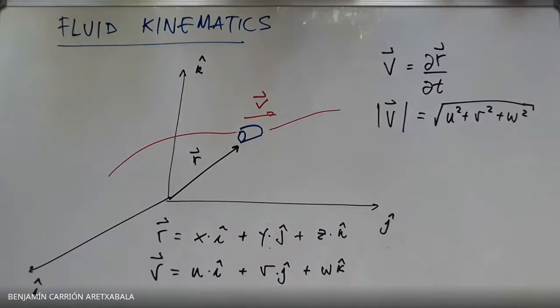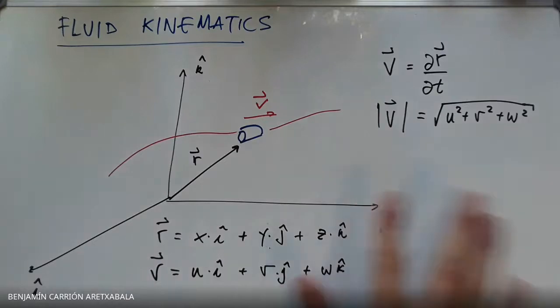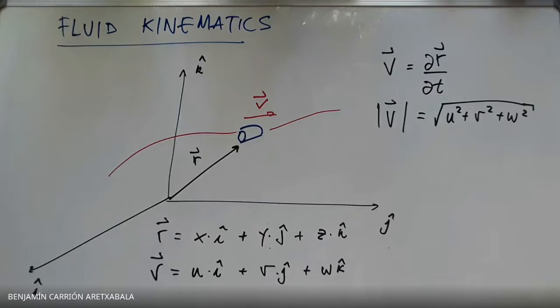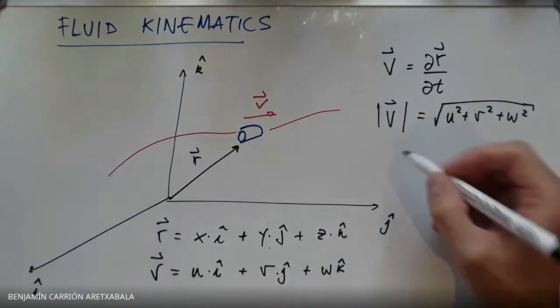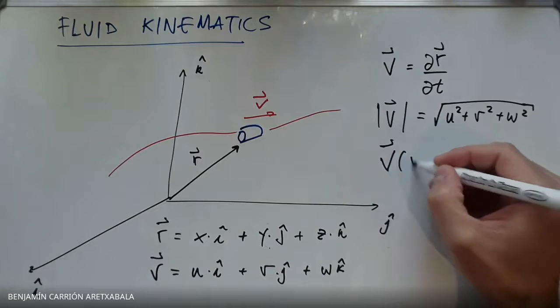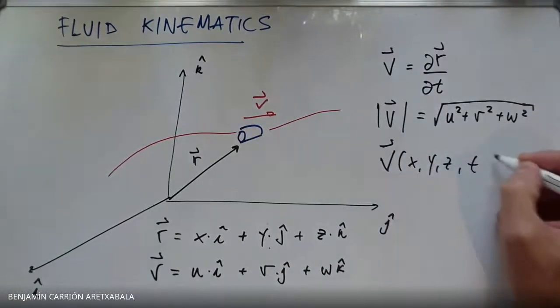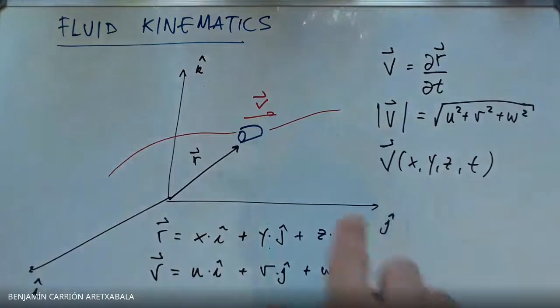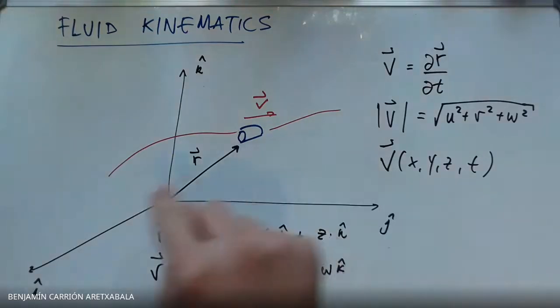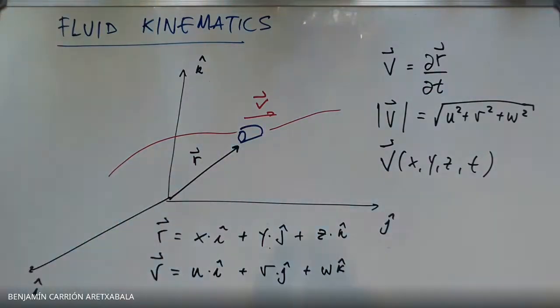So given this definition, we can look at different characteristics of fluid. And please be aware that v depends on x, y, z, and time. So in the same point, you can have a different velocity along the time, and as long as you move across space, you can also have different velocity.